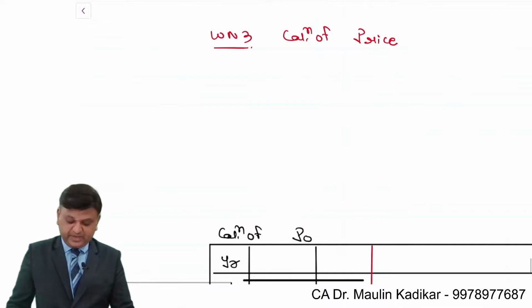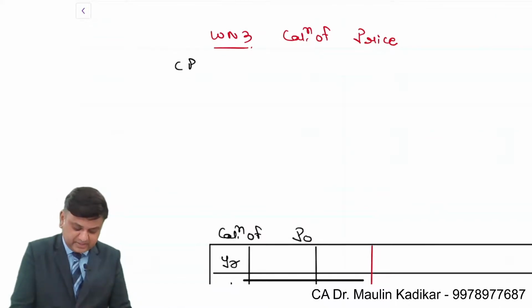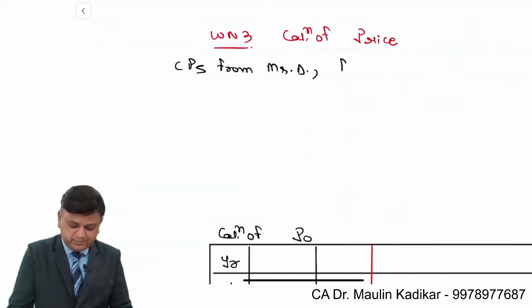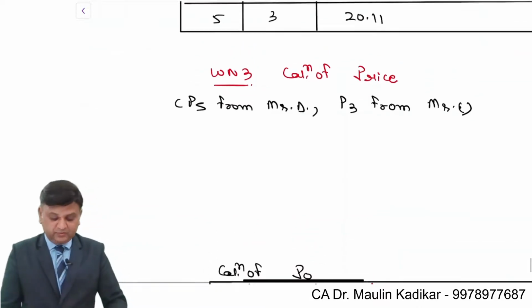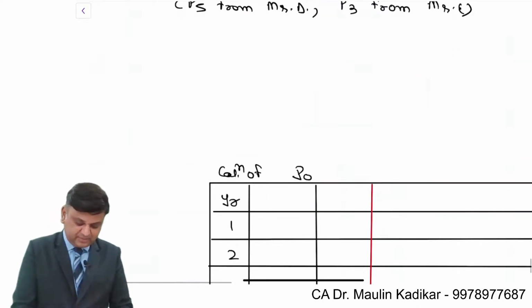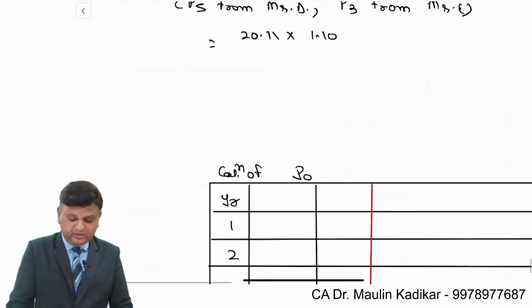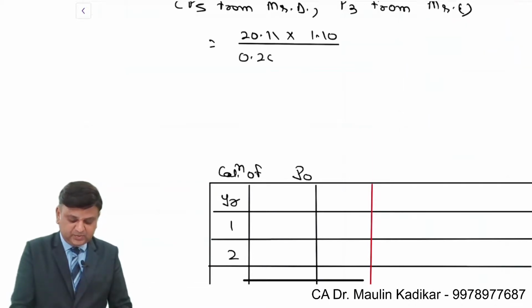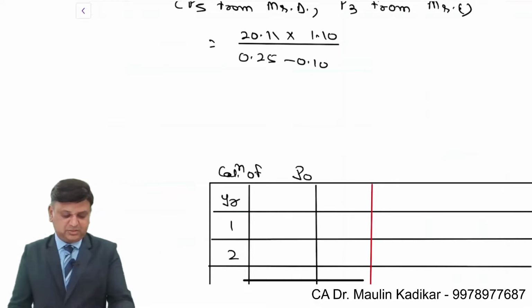Then calculation of the price. We can say that P5 from Mr. D point of view and P3 from Mr. E point of view. We have already calculated the same. It is 20 rupees 11 paise into 1.10 divided by K minus G, that is 25% less 10%.